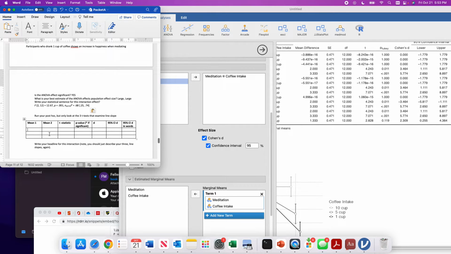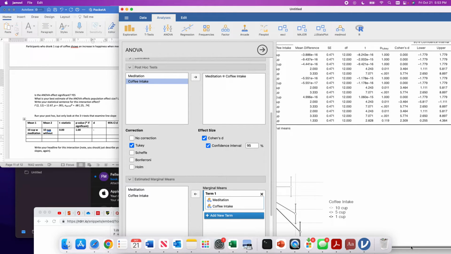The mean one is 10 cup with meditation versus 10 cup without. The t statistic is essentially 0.00. The p value is 1. The Cohen's d is 0, I believe. We can do better than believing here.